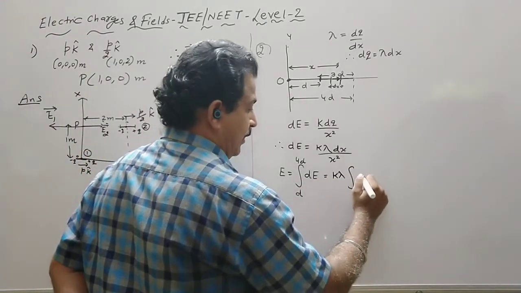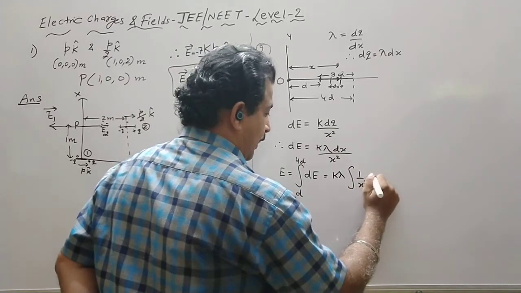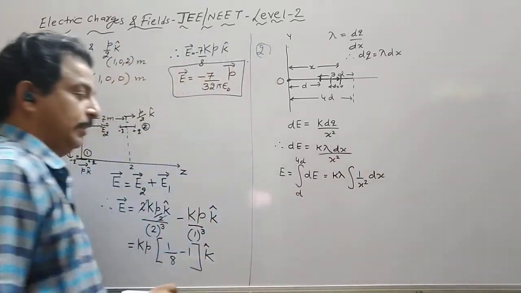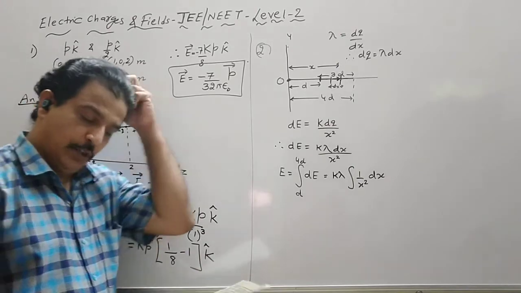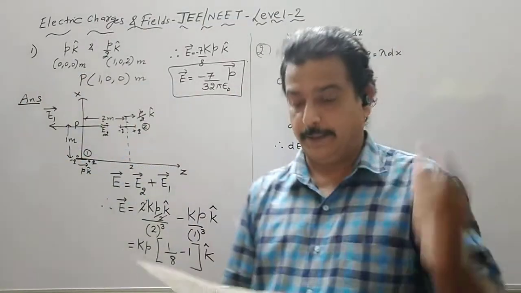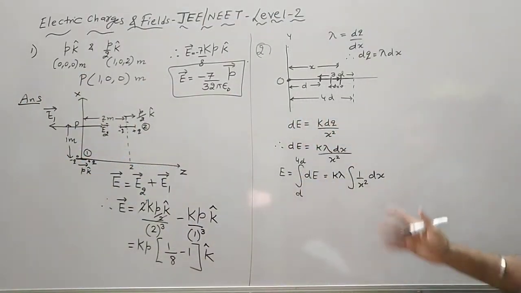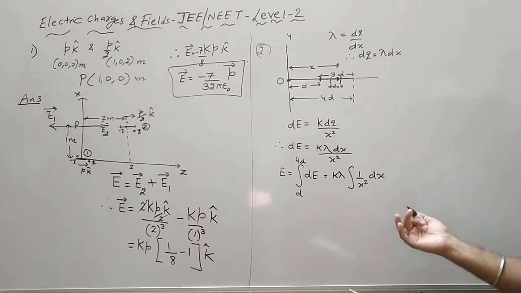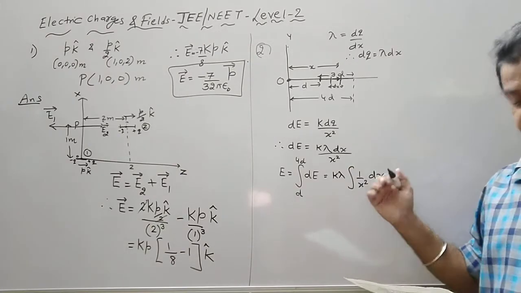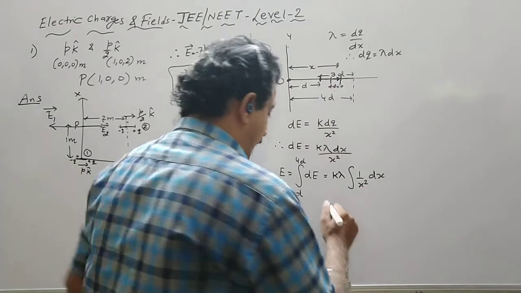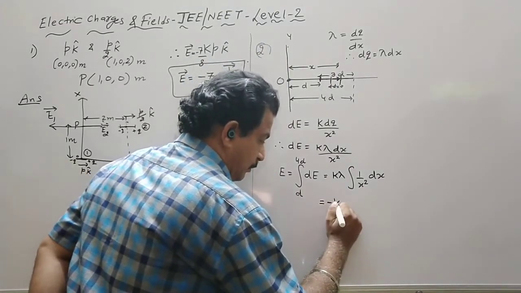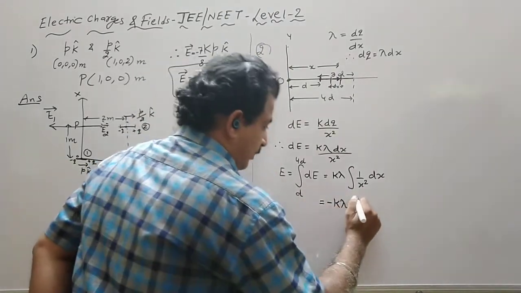So K lambda times the integral of 1 upon x squared dx. You also have to look at the options; the answer should be in terms of lambda. Now we integrate 1 upon x squared, which gives minus 1 by x.